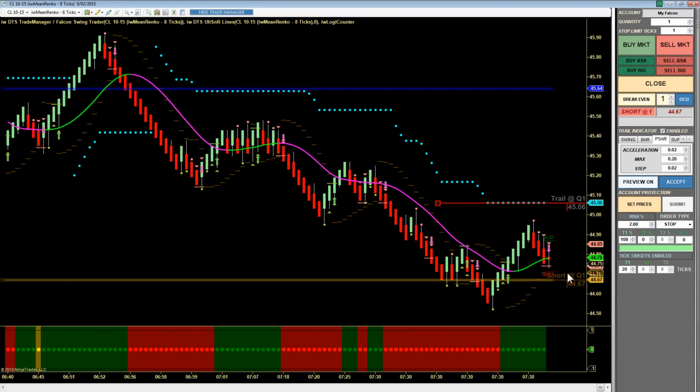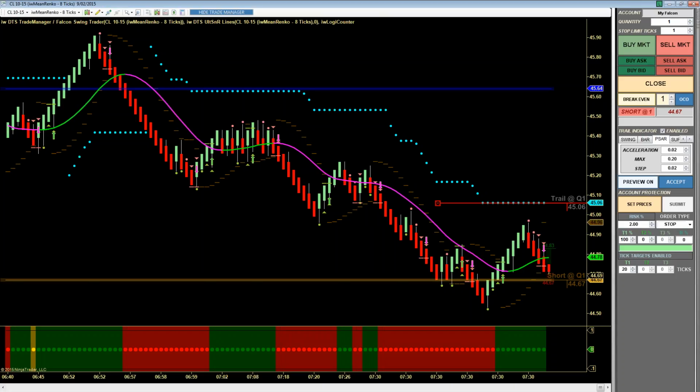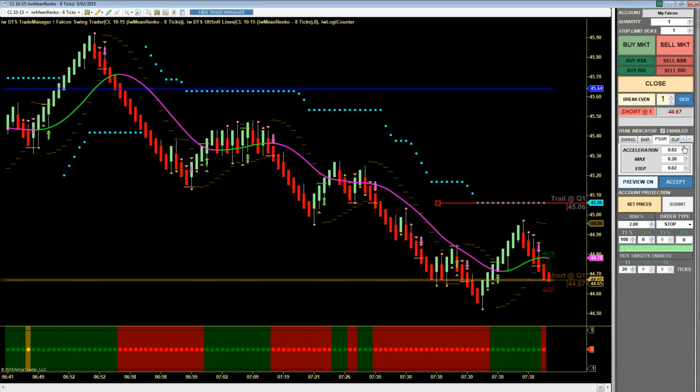Working on a possible little trend change here to the upside. So if they fail at this point, it's going to be a good time to get out of Dodge. Okay, come on, crude.